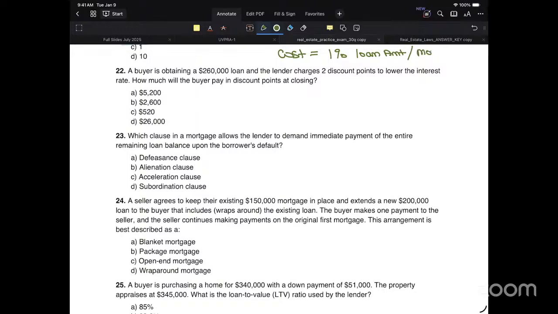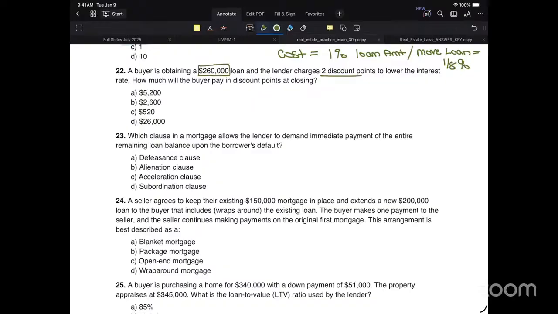When you pay a point, it moves the loan 1/8%. So that's what we want to remember about discount points. It always costs the borrower 1% of the loan amount, but it would move the loan interest rate 1/8% for each point.